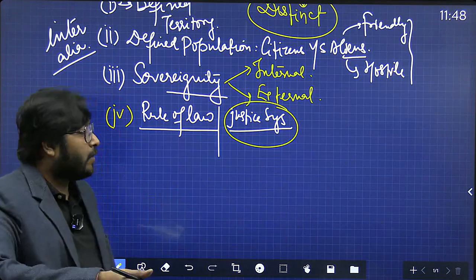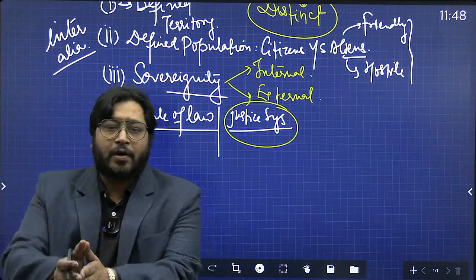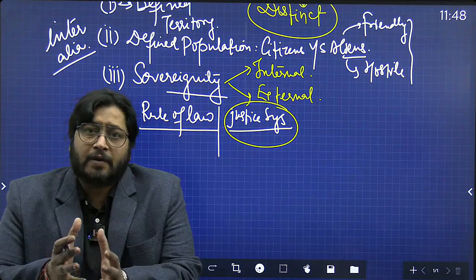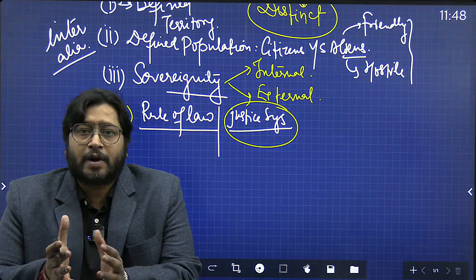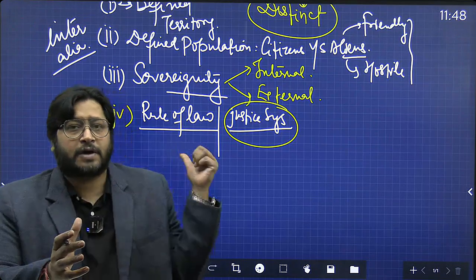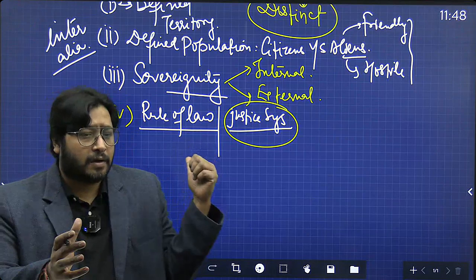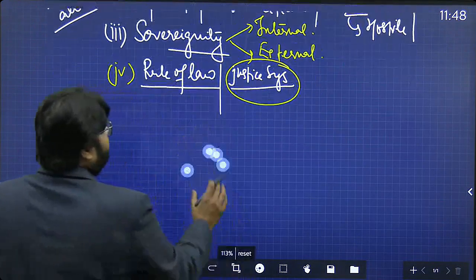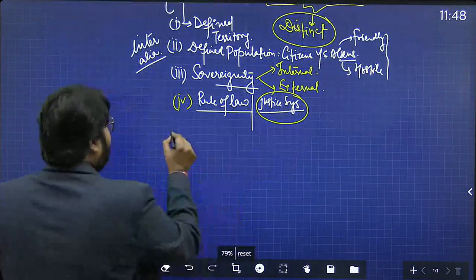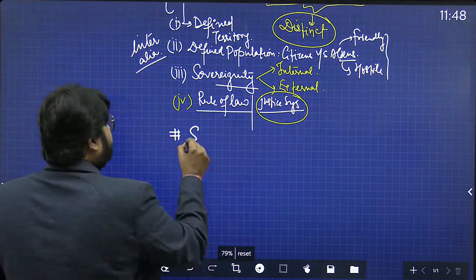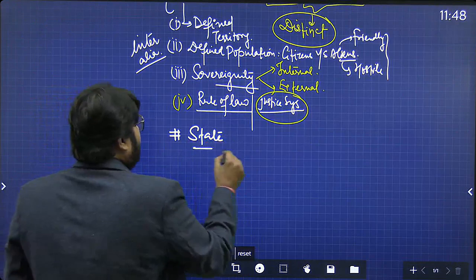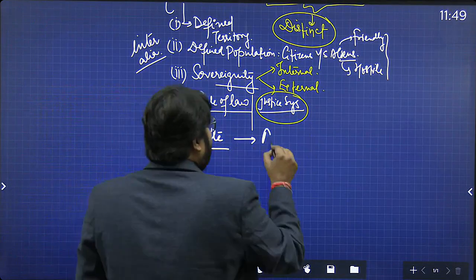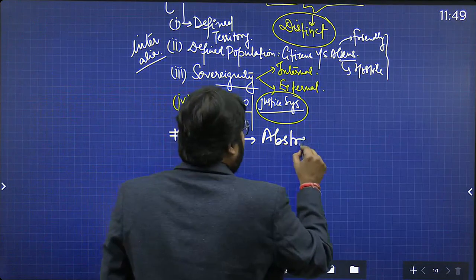But there was a time when state was considered to be something born out of divine intervention, monarchical states. And they were also kind of legitimate states. But obviously, they did not have the features which are desirable under international law today. So you have this definition. Then, so state, as per definition, state in general is an abstract term.